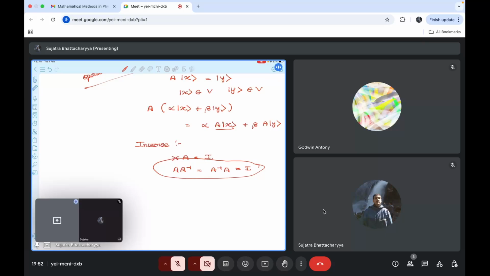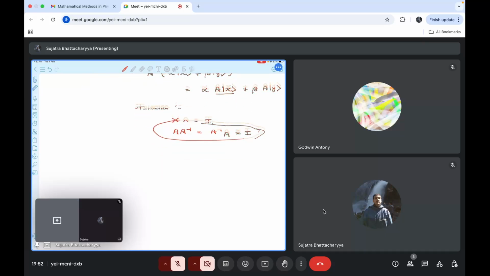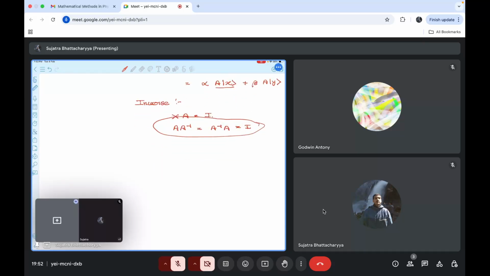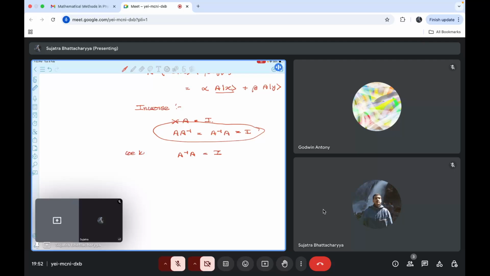So let's see. Let us try it. Suppose A inverse A is equal to I. We know this. A inverse operated on means this is the operator, all are operated. So A inverse matrix A is equal to I. It is a starting point that we know.